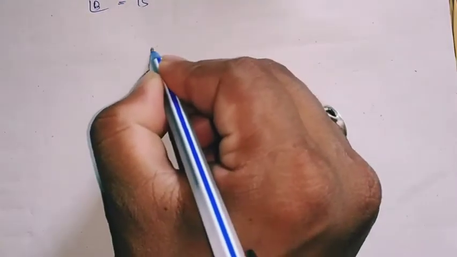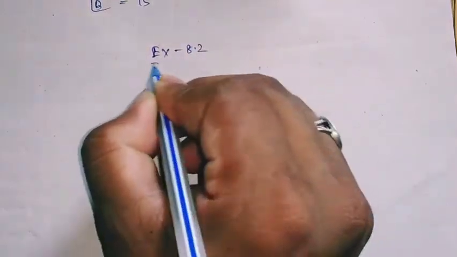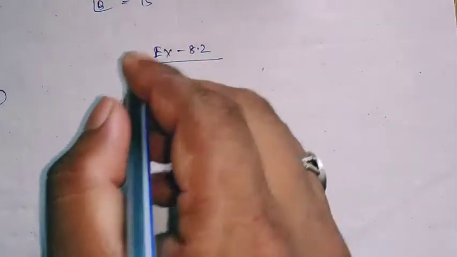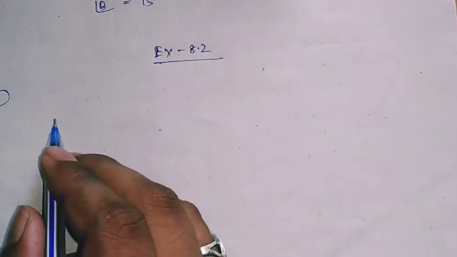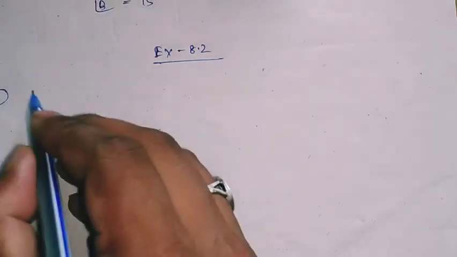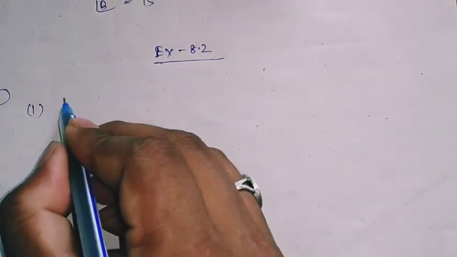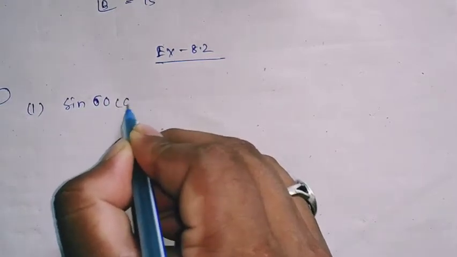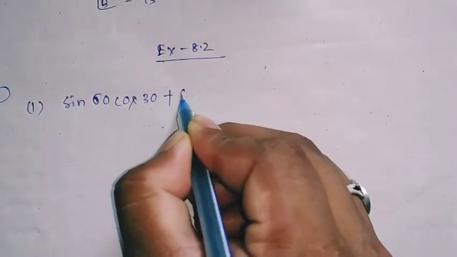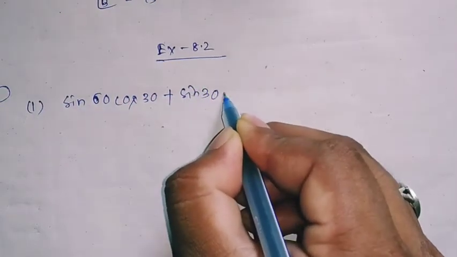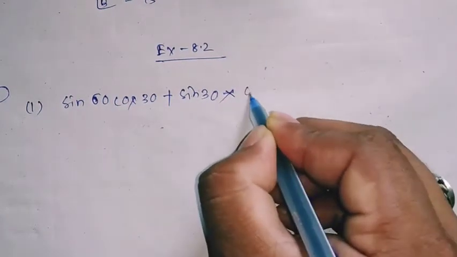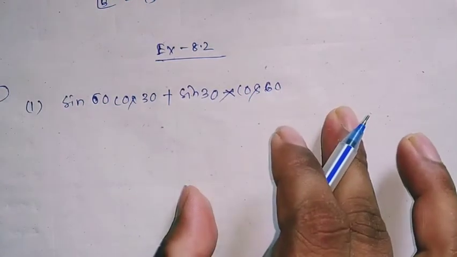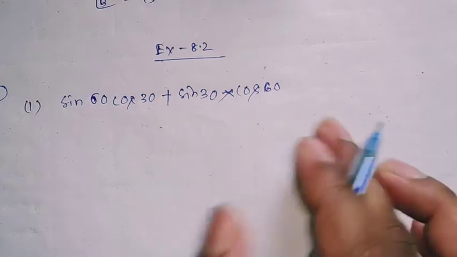So in exercise 8.2, question number 1, evaluate the following. So I will solve one of the questions and you have to solve the other questions. Okay, I will solve the first question, that is sin 60 into cos 30 plus sin 30 into cos 60. Okay, I will solve this and after that you have to solve the next 4 questions.